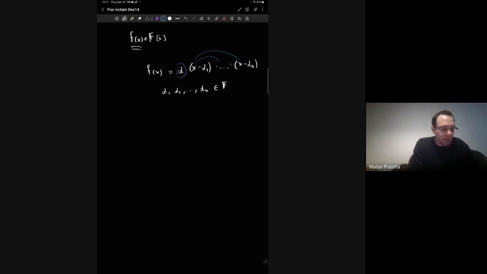So you see, if the polynomial splits already over F, then I can write it in this form, where all the scalars alpha and alpha_1 up to alpha_n are in the original field.